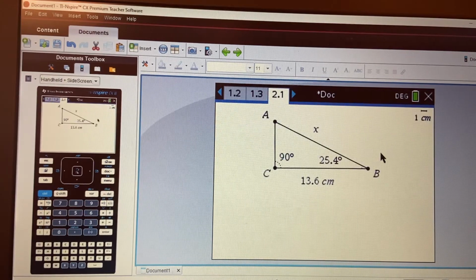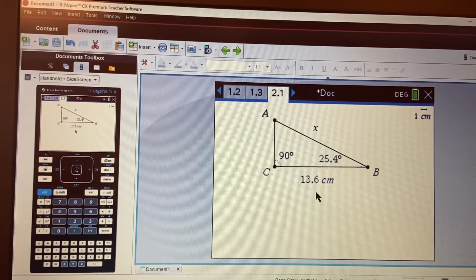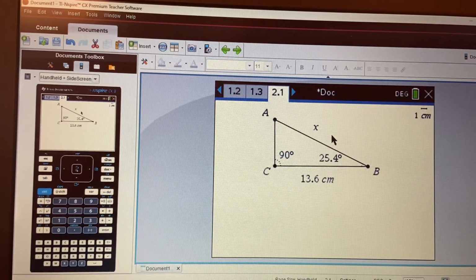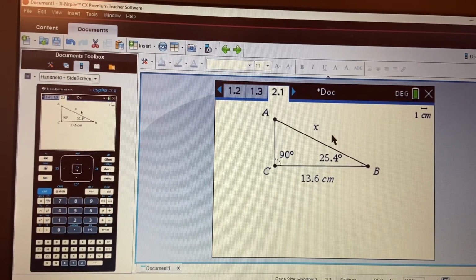So if we look at the next one, we still have angle B, which is 25.4. We still want to know the hypotenuse, but instead of the opposite leg from B, they are giving us the adjacent leg. So if we have the adjacent leg and want to know the hypotenuse, we are going to have to use cosine.